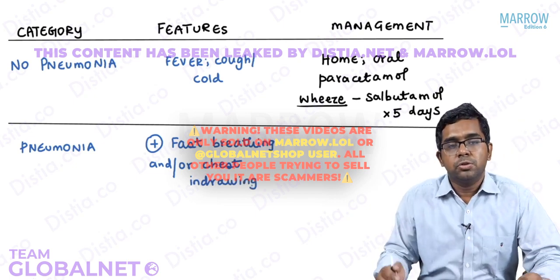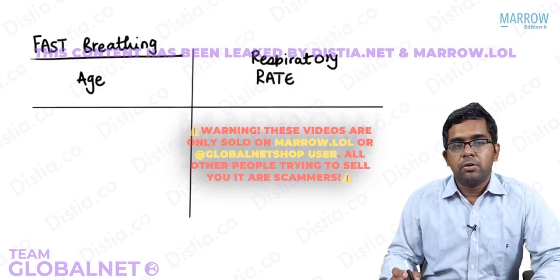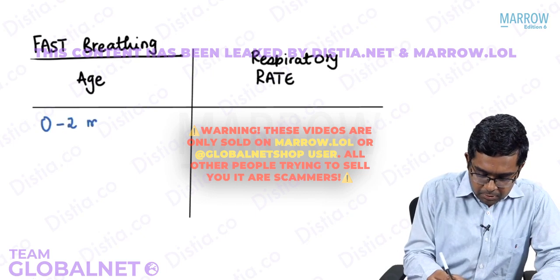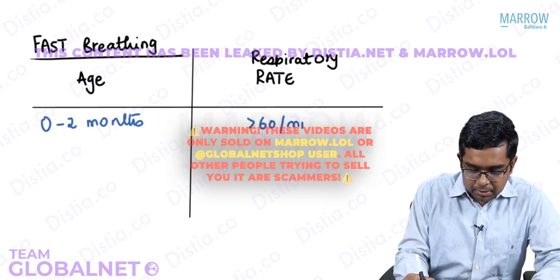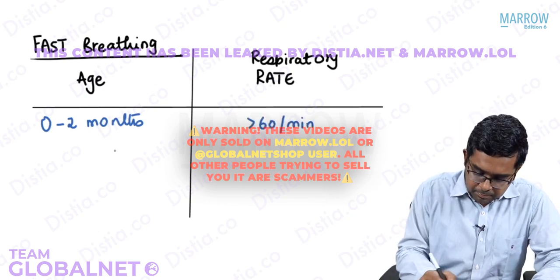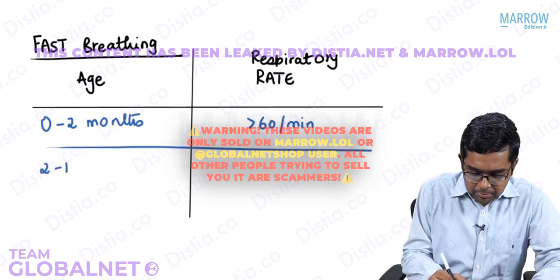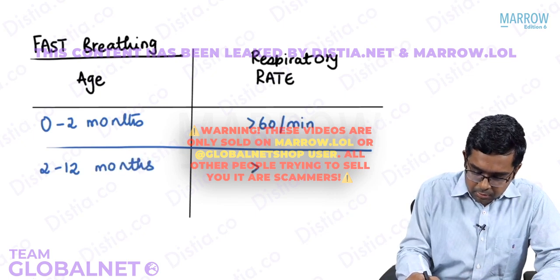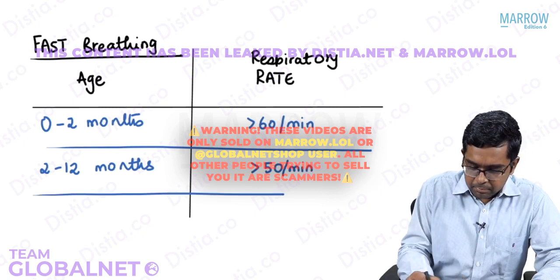At this point, you should know what the criteria for fast breathing is. It is defined according to the age of the child. If the child is less than 2 months, then a breathing rate of more than 60 per minute is considered fast breathing. If the child is after 2 months but less than 12 months, that is 2 to 12 months, more than 50 per minute is considered fast breathing.